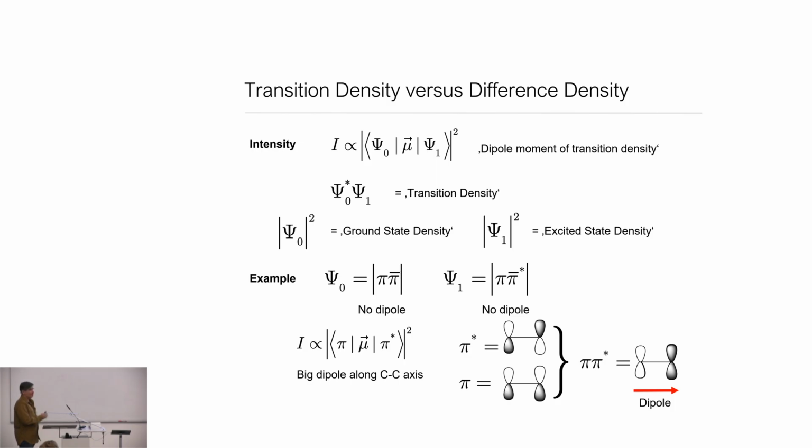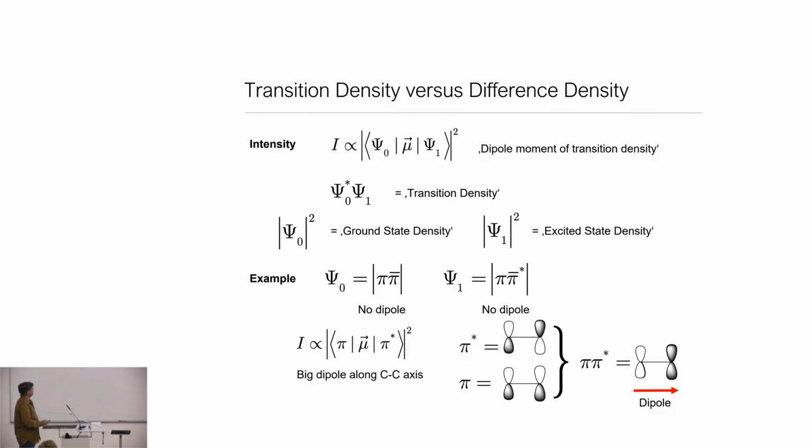So the ethylene molecule obviously has no dipole moment in either the ground state or the excited state, right? That is the approximate ground state, just the doubly occupied pi orbital, and that is the excited state, for simplicity, just the occupied pi and the occupied pi star orbital.